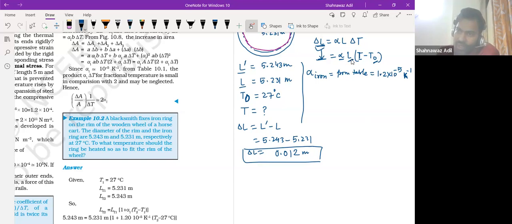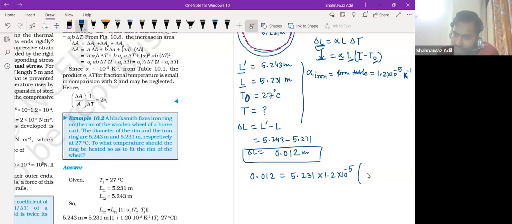So the delta L is 0.012. L is 5.231. T we don't know. T naught is 27. Alpha is 1.2 into 10 to the power minus 5 per Kelvin.